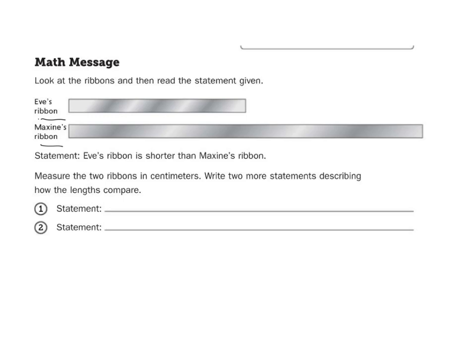If you had a ruler, you would notice that Eve's ribbon is half the size of Maxine's. So we can make some statements. We can say the length of Maxine's ribbon is twice as long as Eve's.